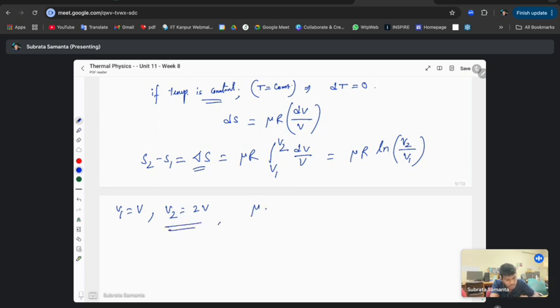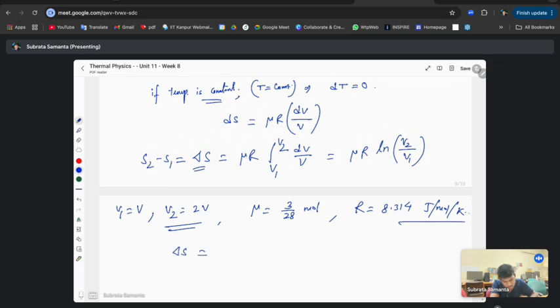And nu is given, so this is basically 3 gram of nitrogen, so 3 over 28 mole, and the R value we know is 8.314 joule per mole per Kelvin. So you plug in these values.